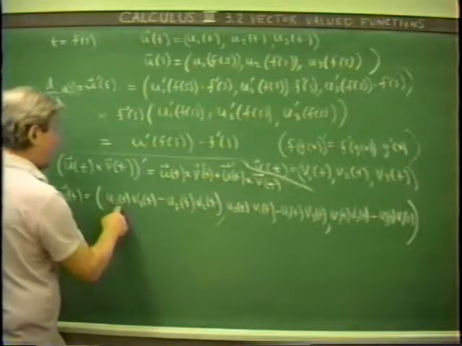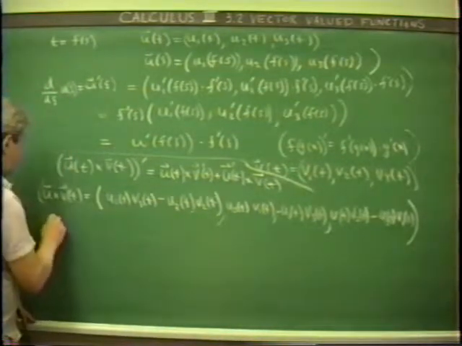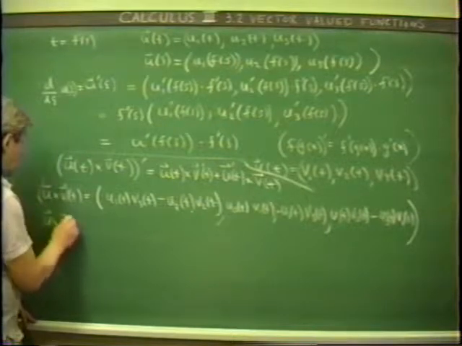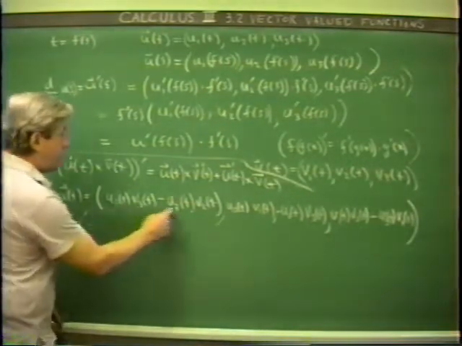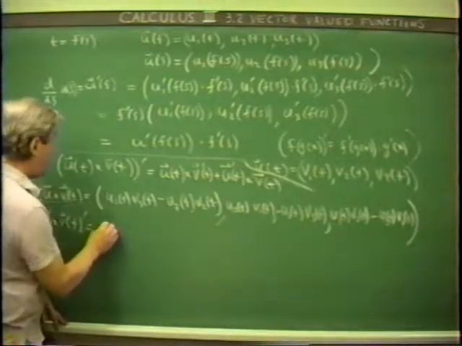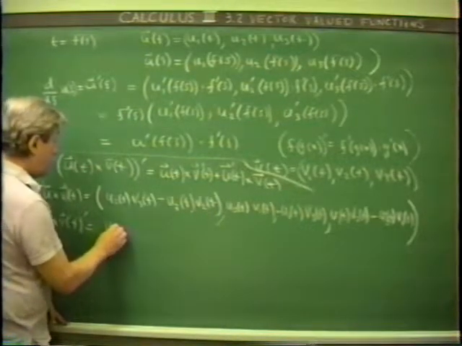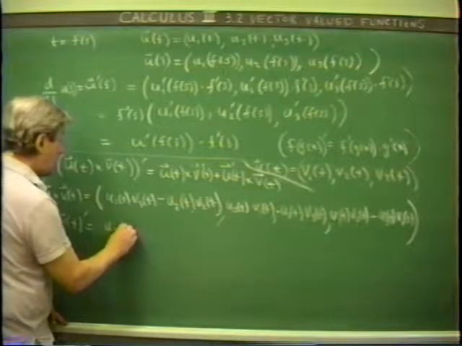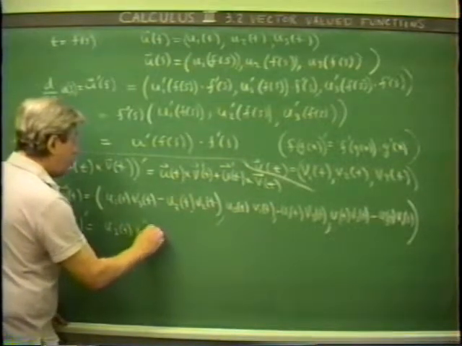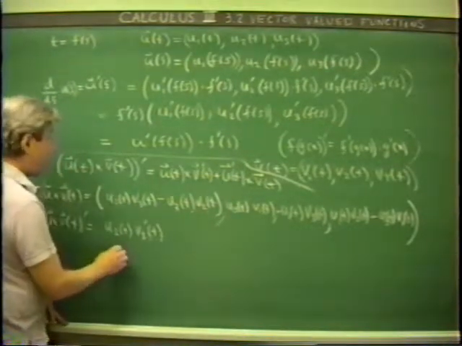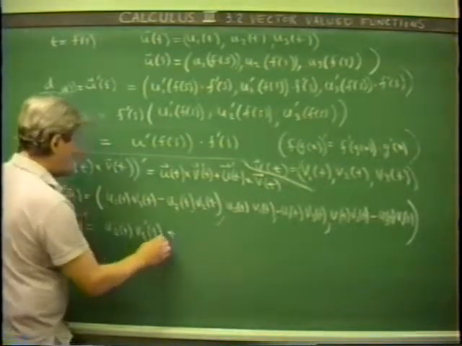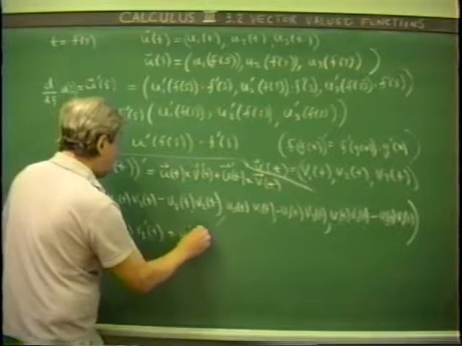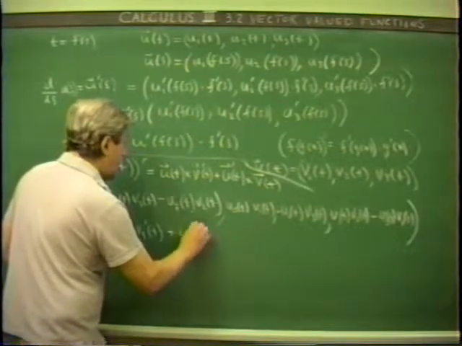Now its derivative, the derivative of u crossed with v. There's a product here, so we have to use the product rule on this. What we're going to get is u2 v3 prime plus u2 prime v3.